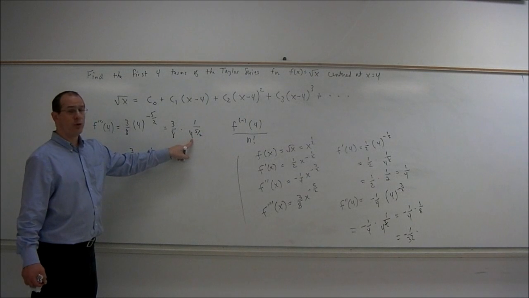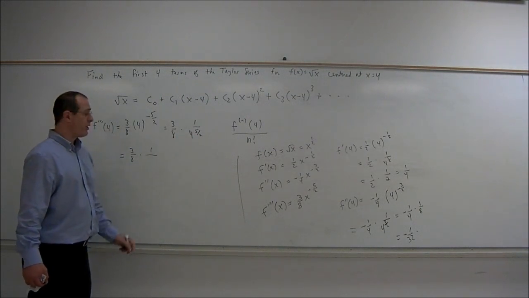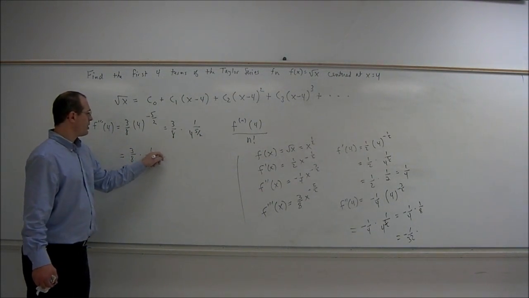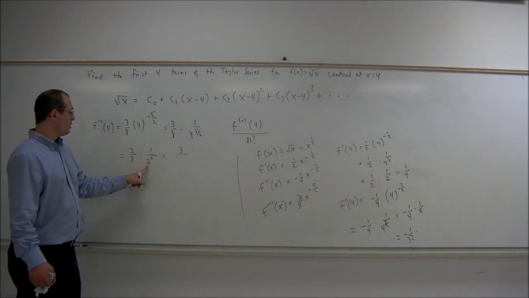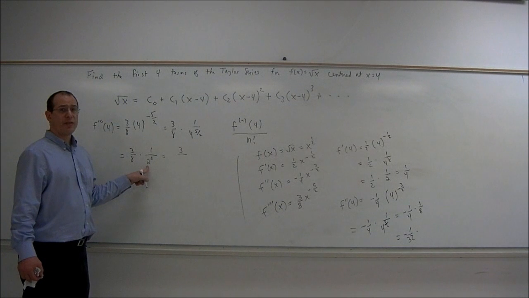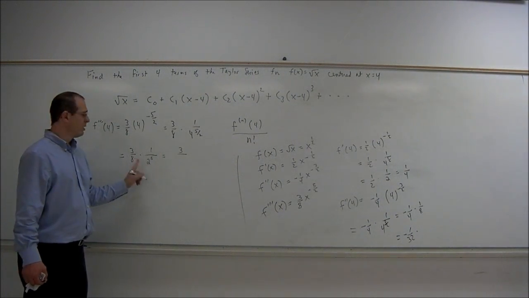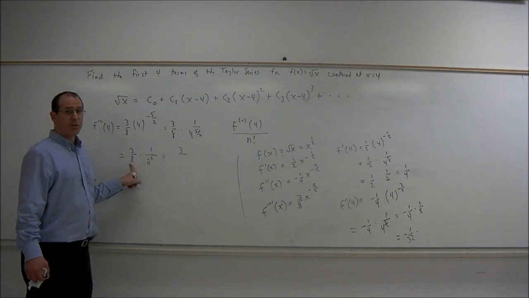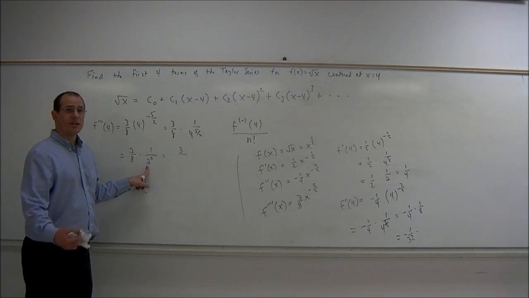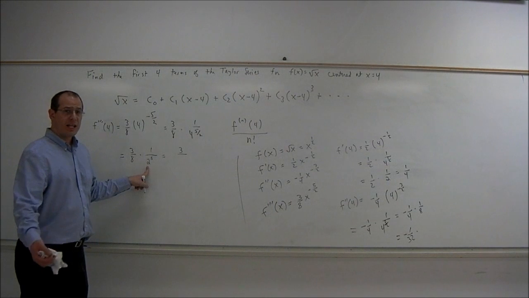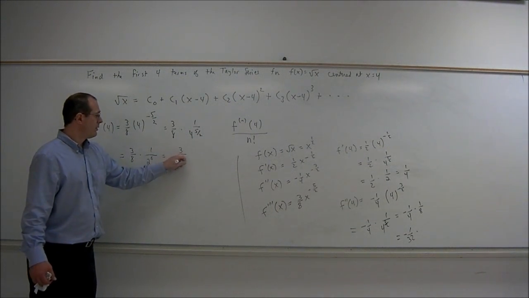We take the square root of 4, which is 2, and we raise that to the 5th. 2 to the 5th is 32. So we have 3 over 8 times 32, and you can figure that out by doubling 32 three times. Starting with 32, doubling gives 64, doubling again gives 128, and then again 256.